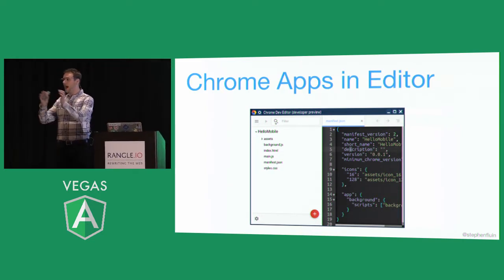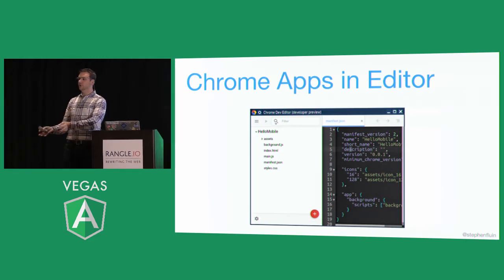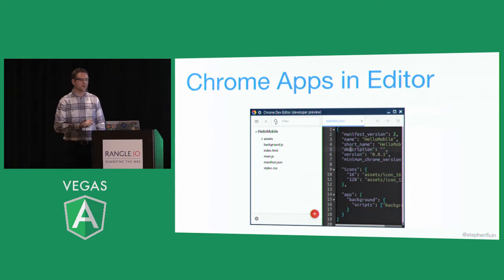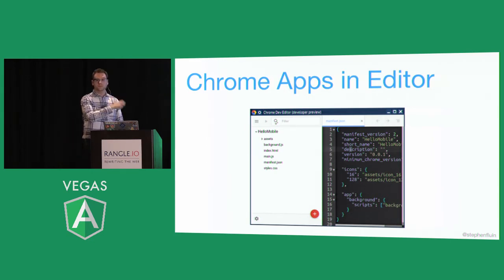You're using a Chrome app that ships in the Chrome Web Store to build Chrome apps, which is kind of cool, so they're dog-fooding their own product here. And so what you're able to do is, using this dev editor, which I believe is based off of the Atom engine that GitHub ships, create and run Chrome applications.